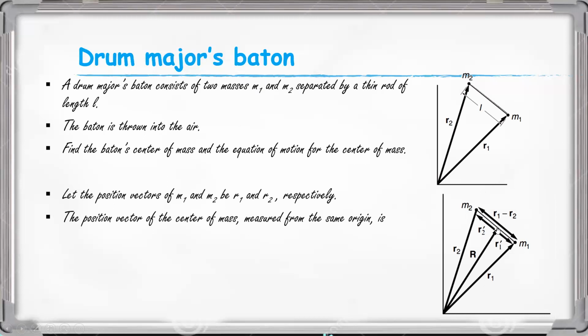Let it be this one. We know that if m1 and m2 are the same, it will be at the midpoint, and if m1 is greater, then the point will be nearer to m1.